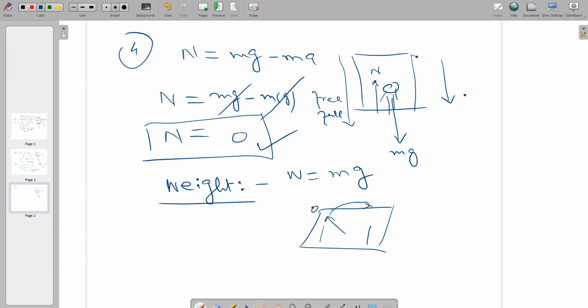So when the needle is moving in this direction, it is showing your weight is suppose 75 kg or 80 kg or 90 kg, whatever it is. What you are doing, you are pressing this. I'm using the word press. You are pressing this machine, this weight balance machine.